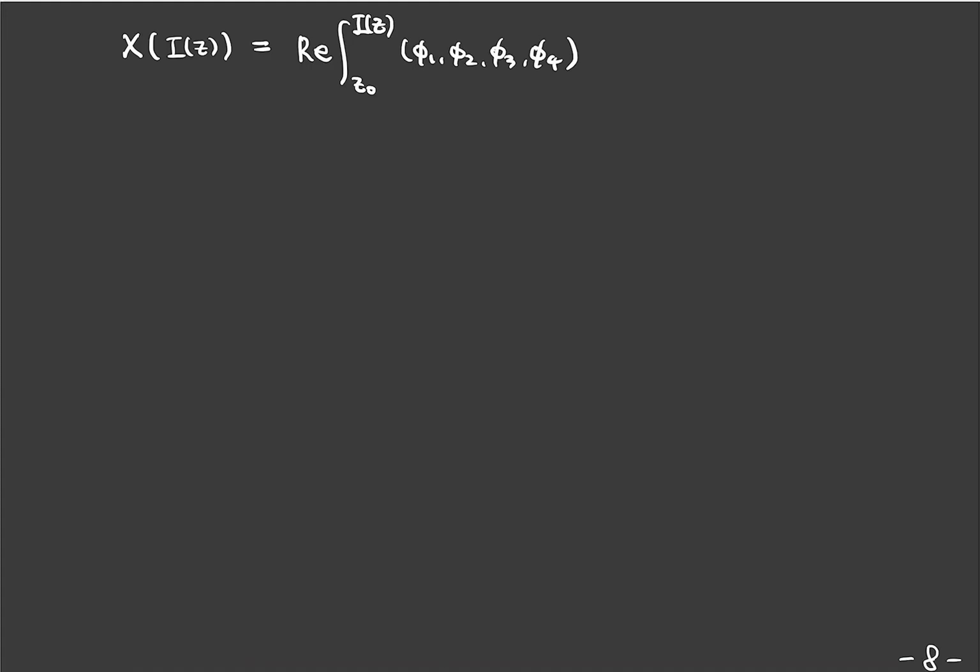And we separate this into like this, z0 to Iz0, and from Iz0 to Iz.